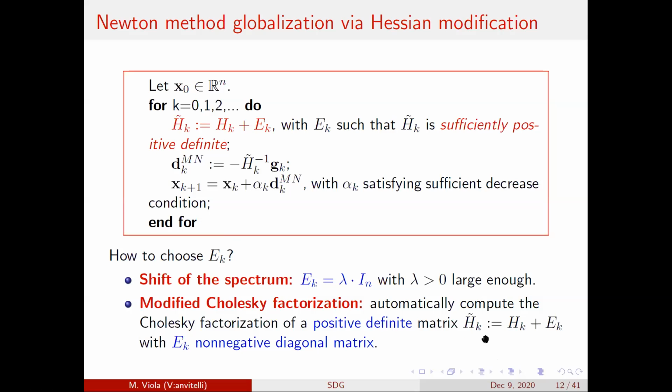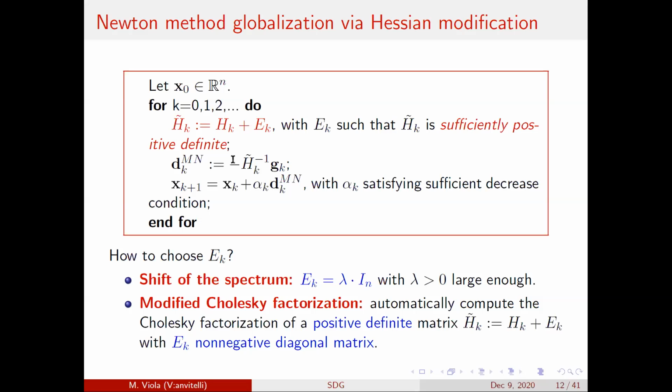What you end up with is the Cholesky factor of some modification of your original Hessian, which is exactly what we are looking for. So you have the Cholesky factor of a matrix H tilde, which is Hk plus Ek, where Ek is a non-negative diagonal matrix. Once you have the Cholesky factor of this matrix, solving the system is straightforward and you can move on. So this is the case of the Newton method.